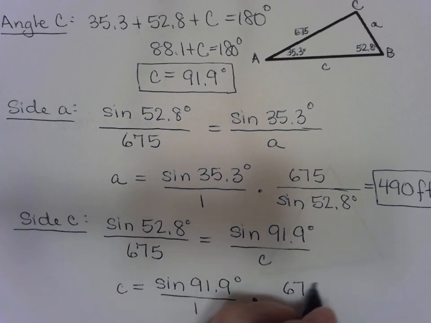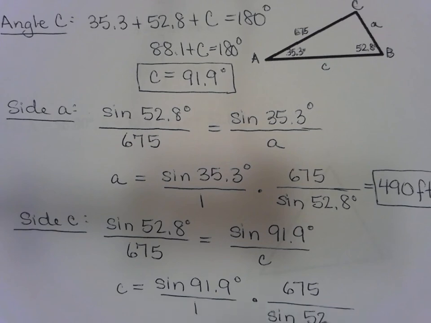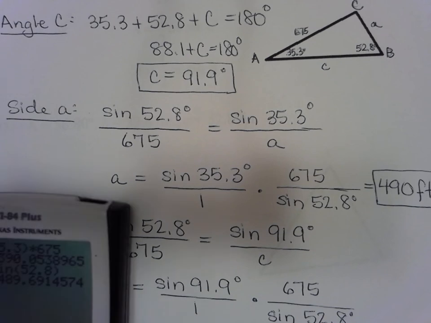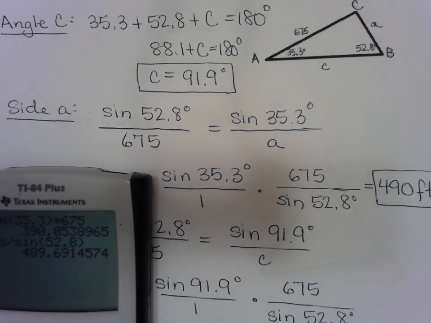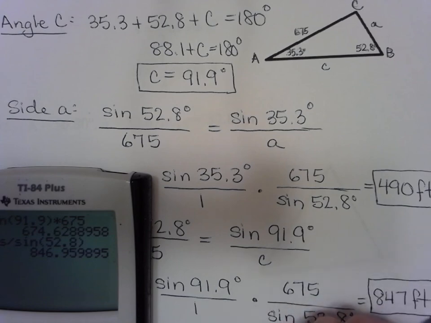So we're going to multiply by 675 on both sides, and we're going to divide by the sine of 52.8. That's going to give us 846.95. Again, we're going for 3 significant digits. So we're going to round this to 847 feet.